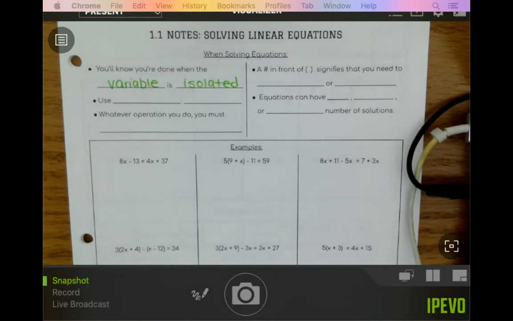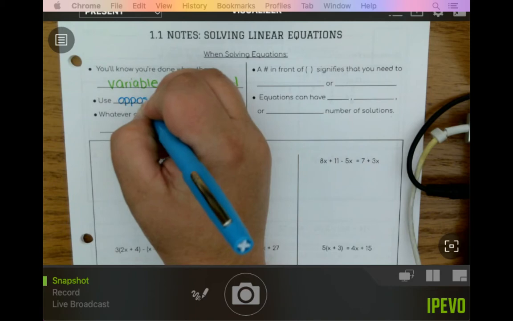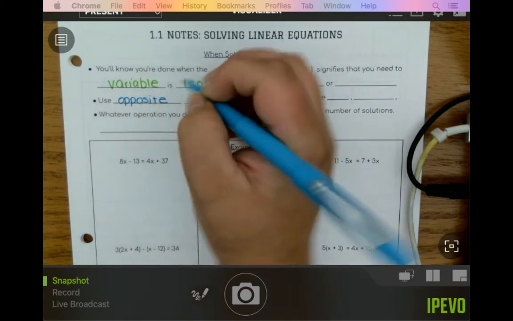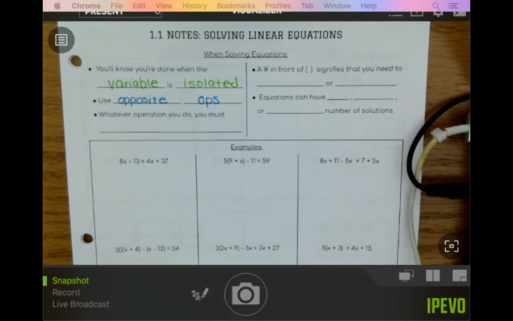Second thing is make sure that you are using opposite operations. And I'm just going to call them opposite ops for now. You can write operations all the way out if you like. What I mean by that is when you are trying to move something to the other side, you have to use an opposite operation.